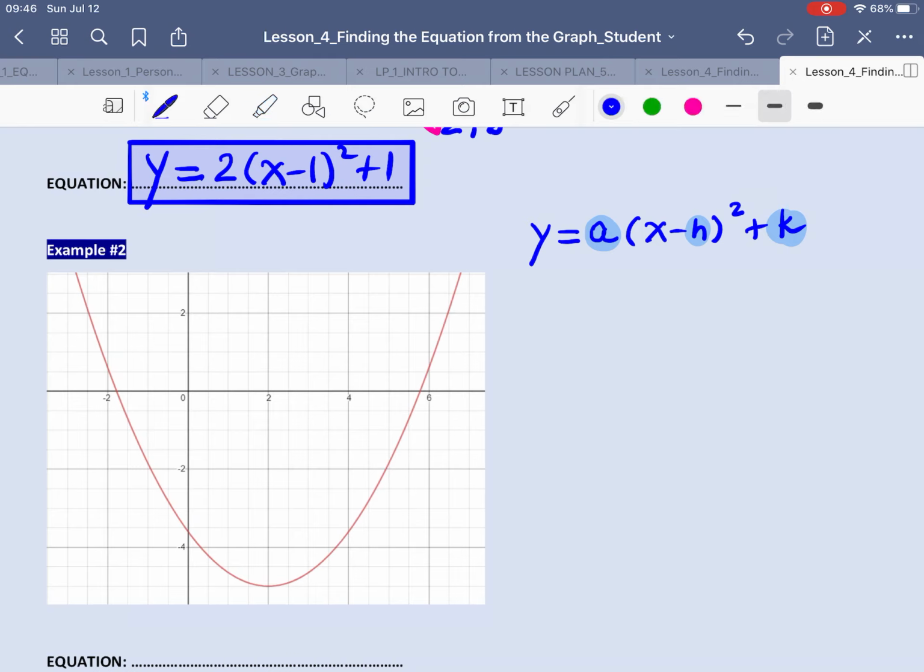The first coefficients that you want to find at all times are the coefficients h and k. So step 1, same thing as we did in the previous example, is identify the vertex.